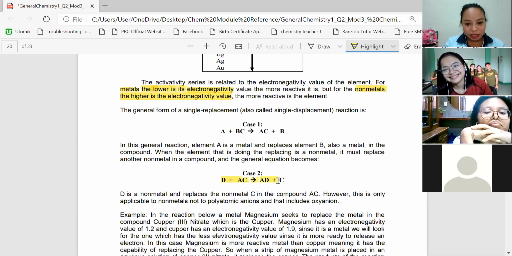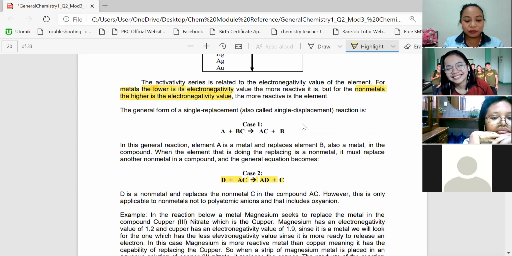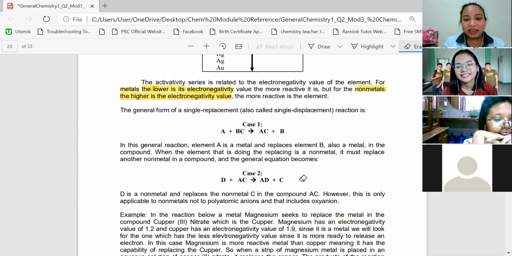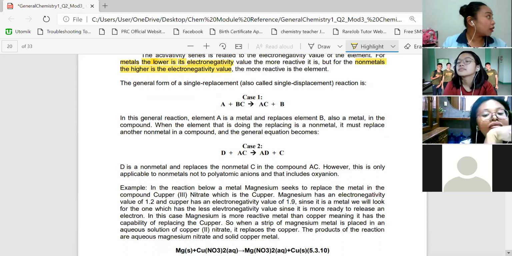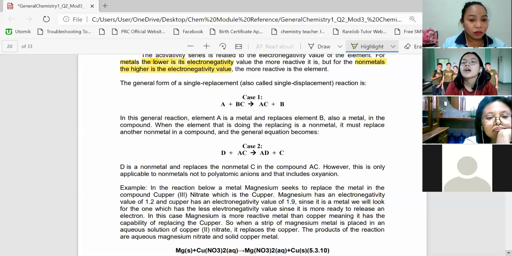Dito na tayo sa case 2. Ma'am, wait lang. Ang metal, ang mapuli sa metal lang. Tapos ang mapuli sa non-metal lang. So, this is not applicable for polyatomic cation or polyatomic anion. Okay?